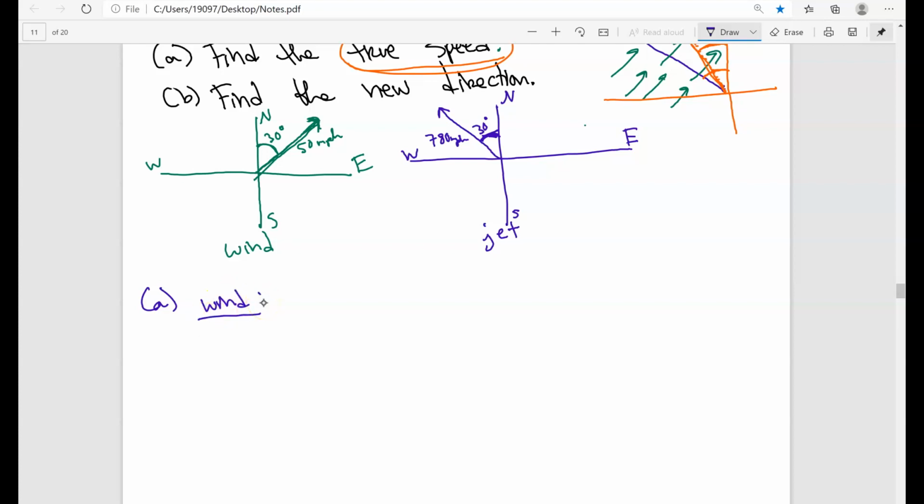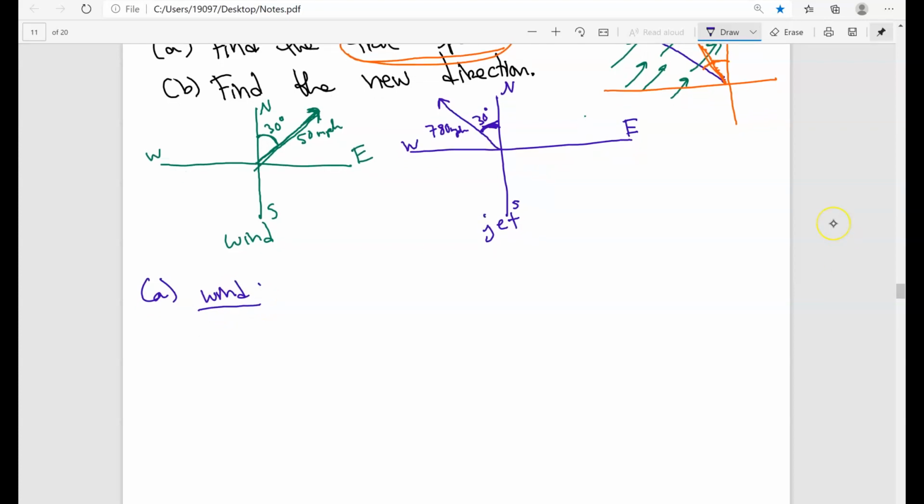Remember that the way we find the components of a vector is the magnitude of v cosine theta, and the magnitude of v sine theta. The magnitude of the wind is 50 miles per hour, so that's 50 for both of these.